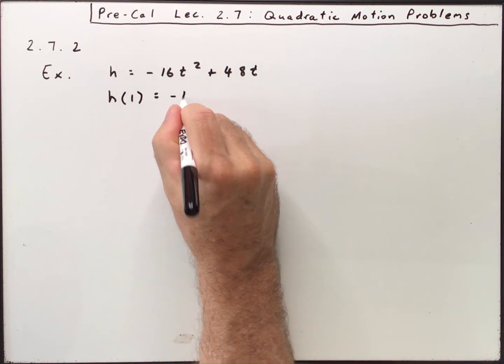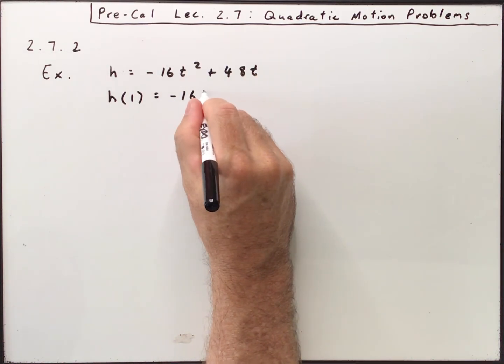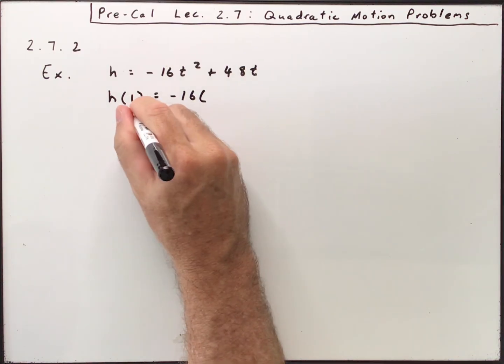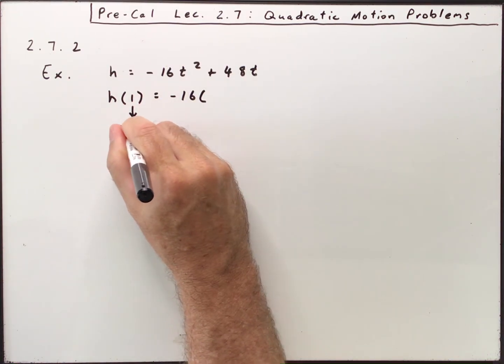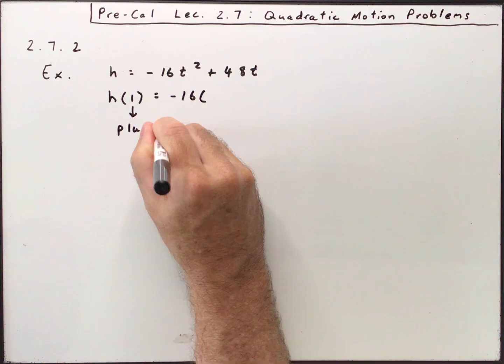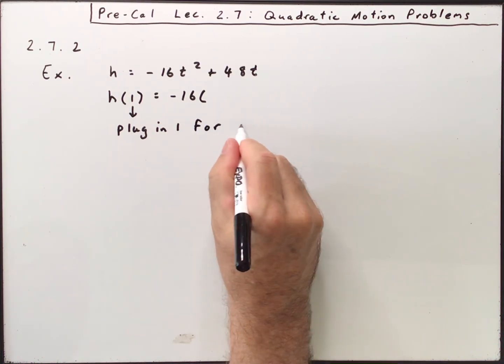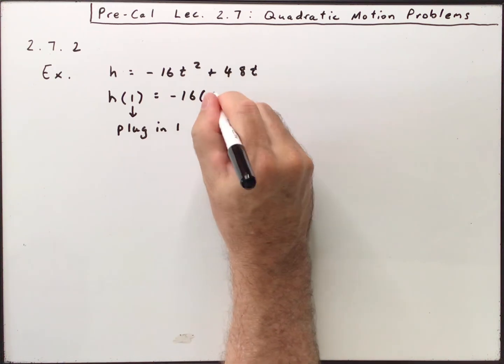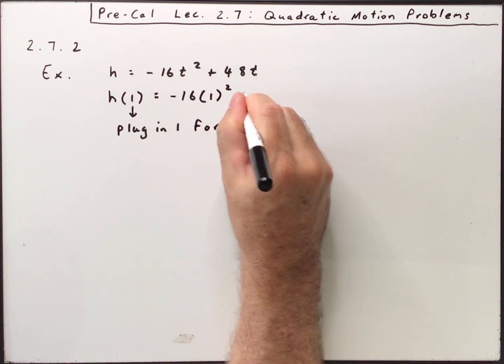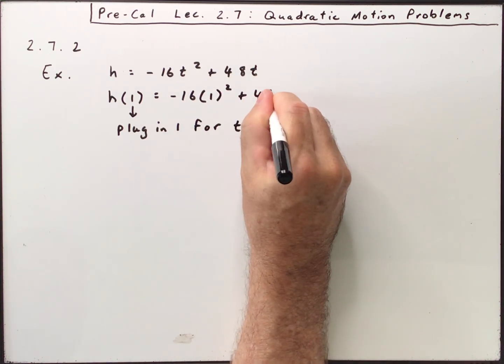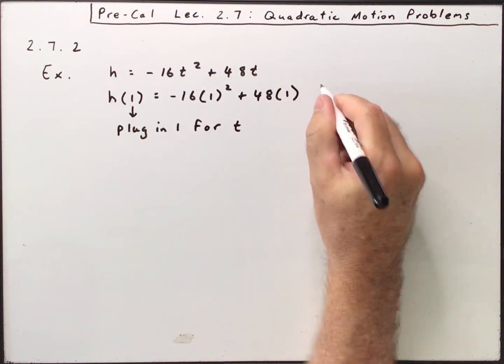So it's just a plug-in problem. Negative 16, we're going to plug in 1 for t. That's what function notation means. So negative 16 times 1 squared plus 48 times 1.